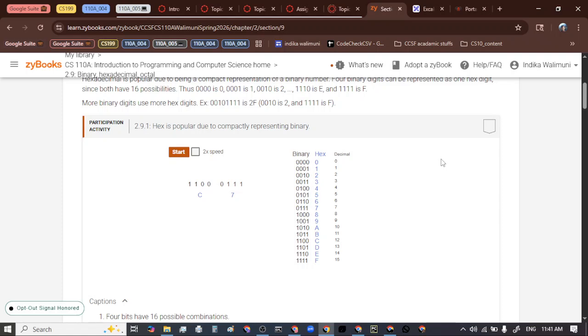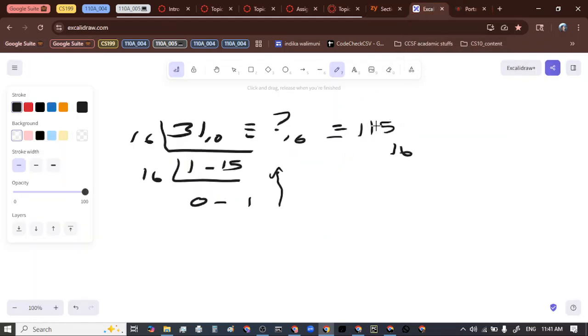So instead of this 15, you're going to write F. So this is actually not 1 5, it's actually 1F. Base 16.